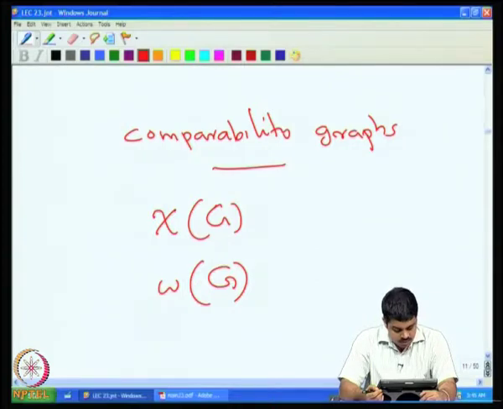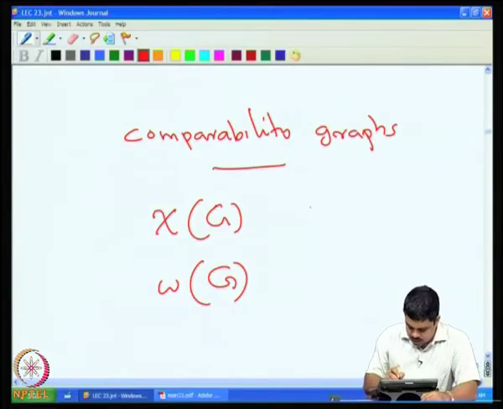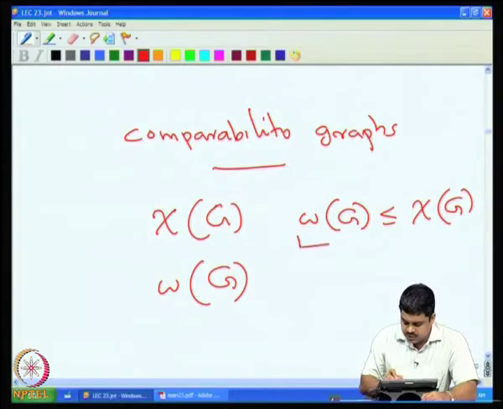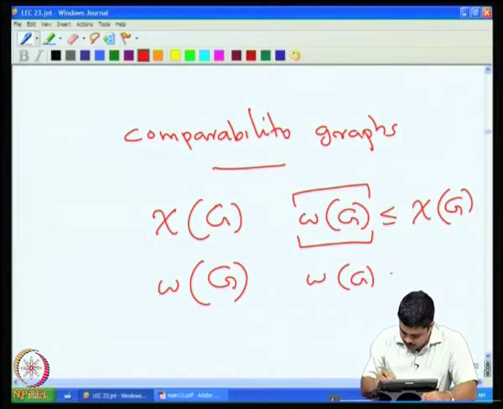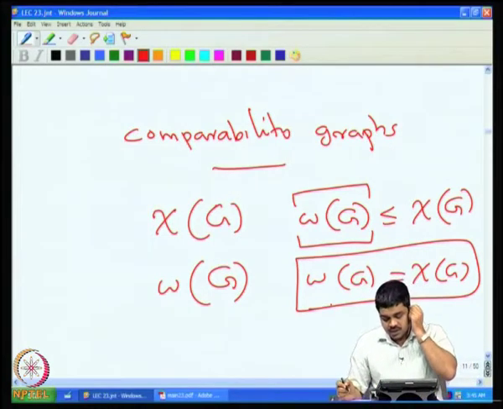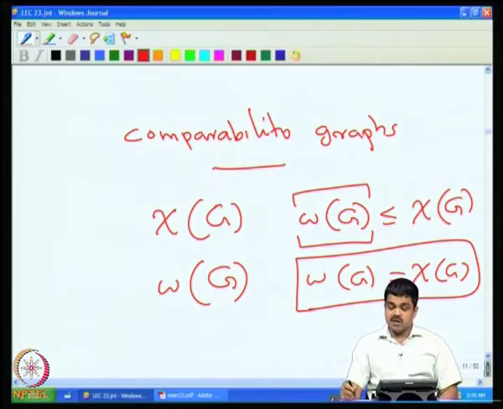Essentially, we just have to show that, we know that omega of G is less than or equal to chi of G. Now, if you show a coloring which uses only omega of G number of colors, then it means that omega of G equals chi of G, right. So, that is what we are going to do now. We will show a coloring such that the number of colors used is only omega of G.